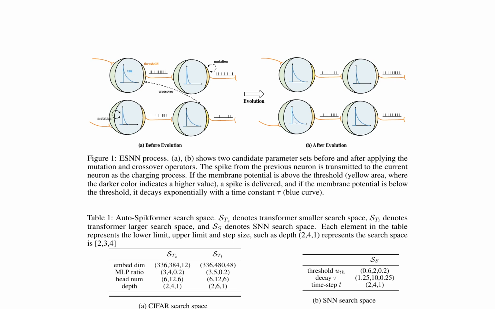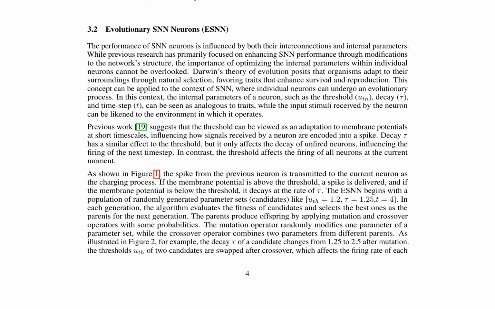The evolutionary process begins with a population of randomly generated parameter sets, each evaluated for fitness. The fittest candidates are selected as parents for the next generation, producing offspring through mutation and crossover operators. This process is visualized in Figure 1, illustrating spike transmission, and Figure 2, demonstrating parameter modifications through mutation and crossover.